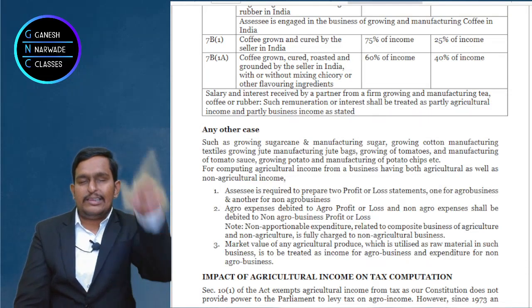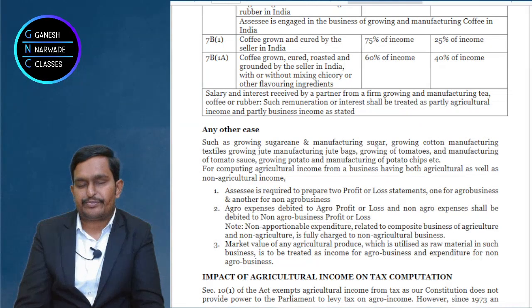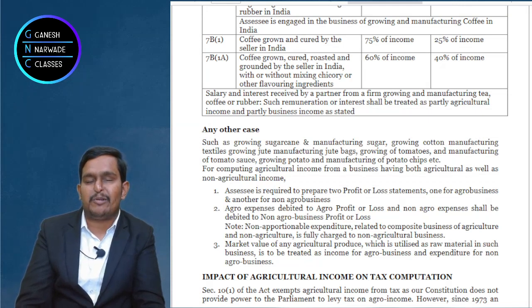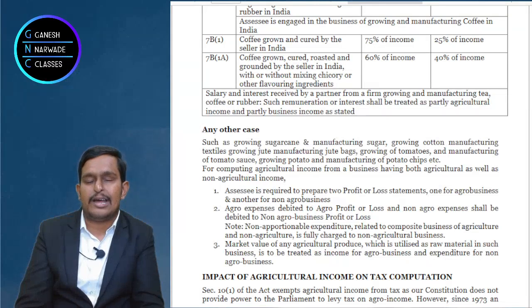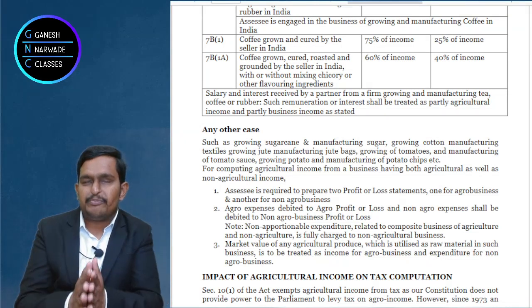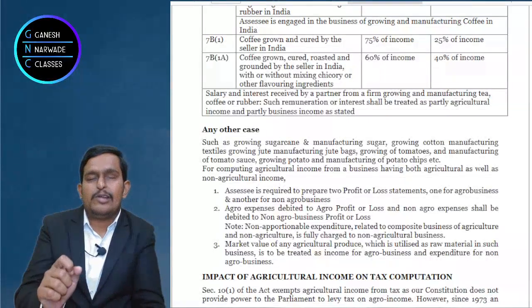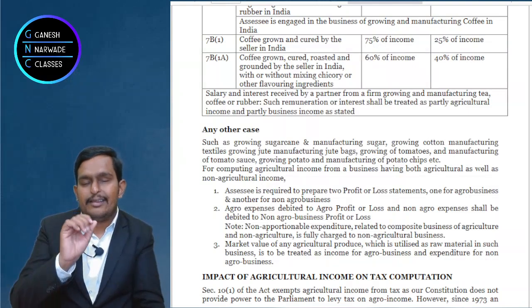Now in all these cases, I'll tell you one more thing which you should remember, that suppose if it is a partnership firm, then for tea, coffee, rubber, or even sugarcane or chips, potatoes, everything, if agricultural and non-agricultural both are involved, then partnership's income is also to be segregated like this, and partners' income should also be segregated as agricultural and non-agricultural separately.